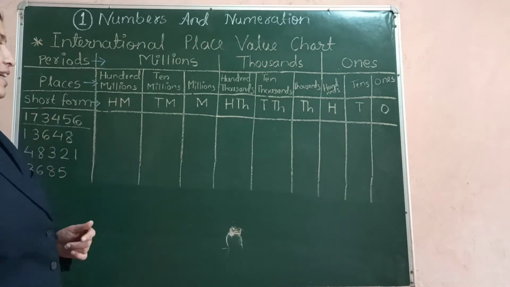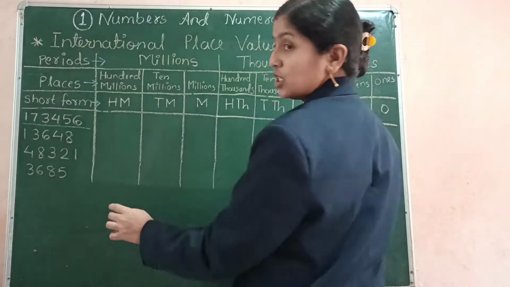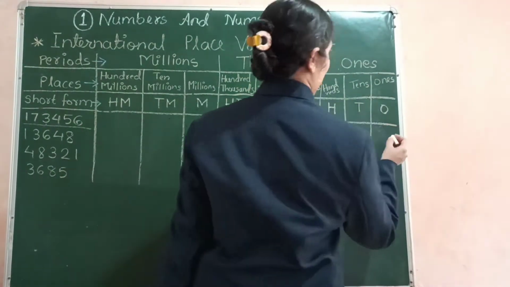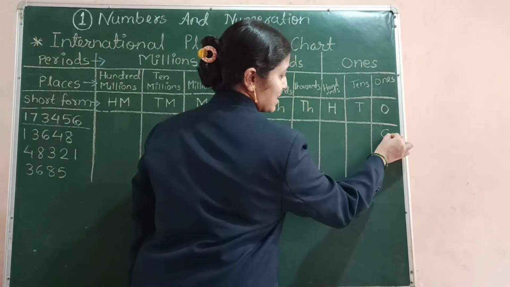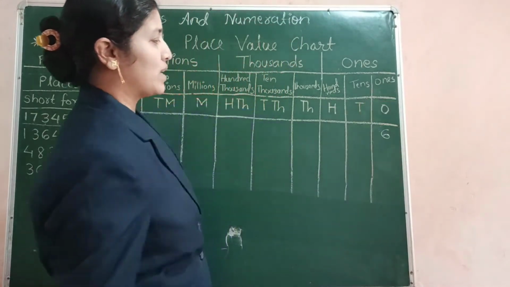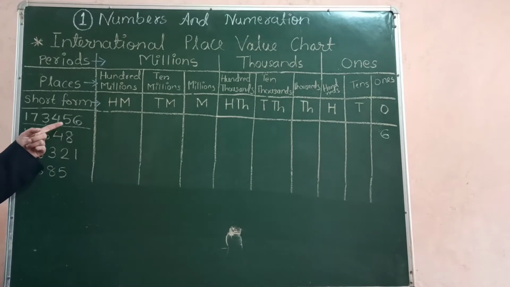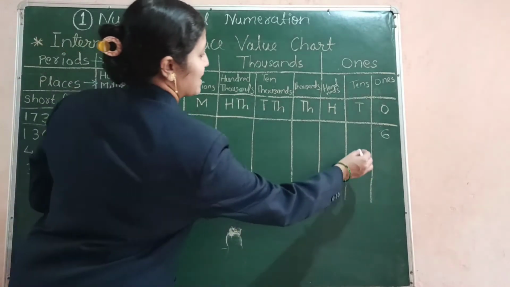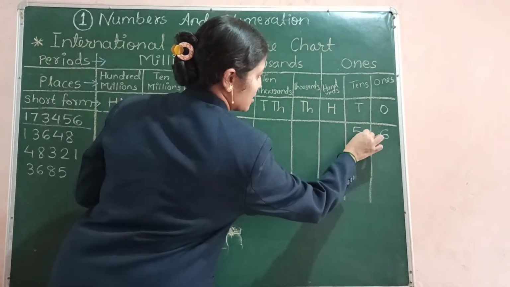Start from the right side. The first digit you can see here is 6. I am placing the 6 in the ones place. The second is 5, placed in the tens place.